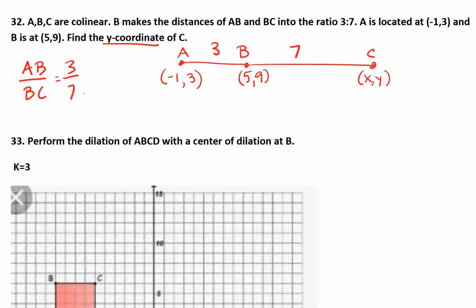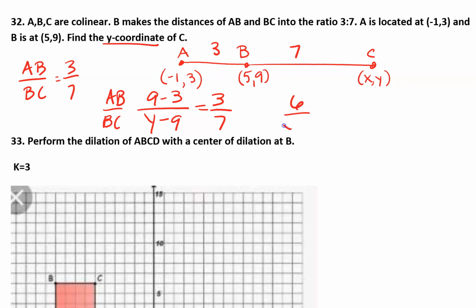So AB is going to be 5 minus negative 1. That's the length of AB over the length of BC, which would be, oh, I'm doing x's. I need to do y's. Start over. So we're going to do 9 minus 3 over y minus 9, the length of BC. So this is AB. This is BC. And that is in a proportion of 3 to 7.